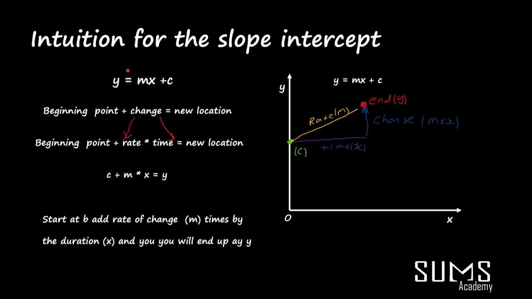So what we're basically saying is the end, which is y, is equal to the starting point, which is just our y-intercept, c, plus the change, which we know is just mx. Actually, I've written those the wrong way around, but it's fine.